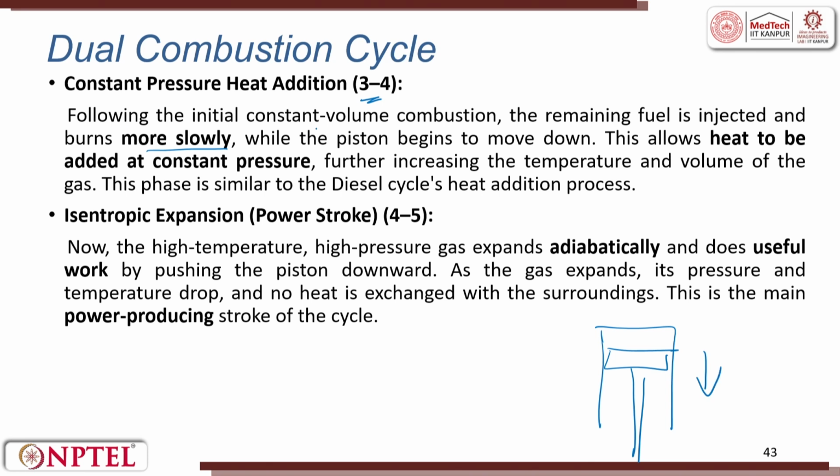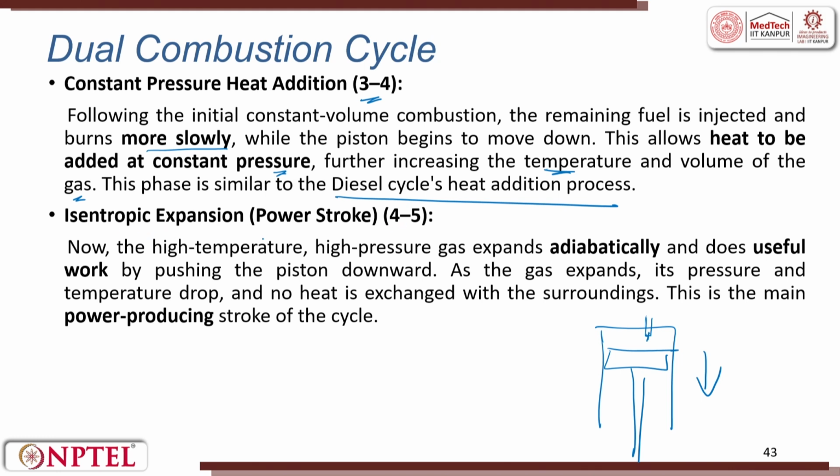This allows the heat to be added at constant pressure, further increasing the temperature and the volume of the gas. So volume increases, temperature increases. This phase is similar to the diesel cycle heat addition process. So that is why it is called a dual cycle.